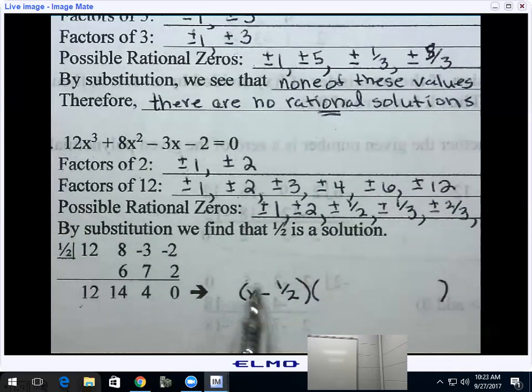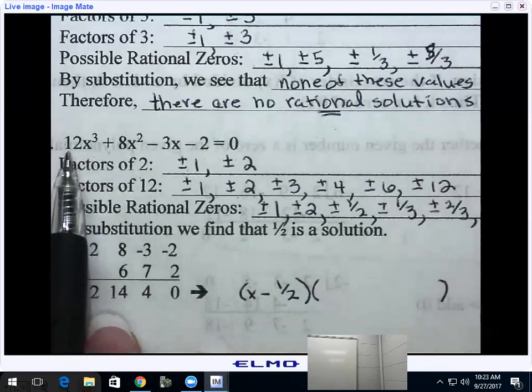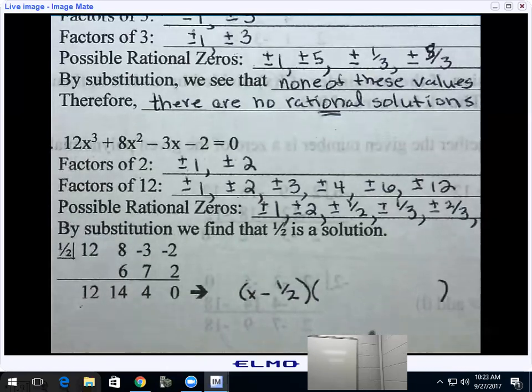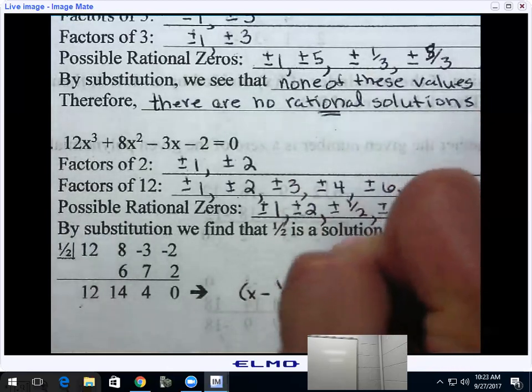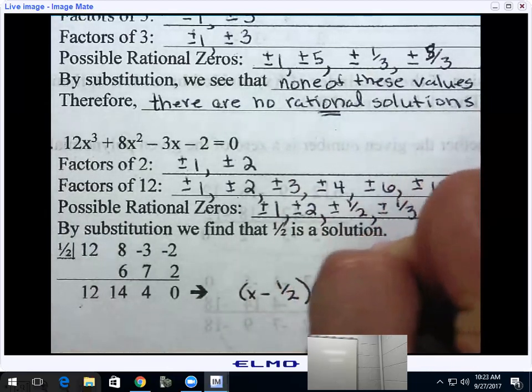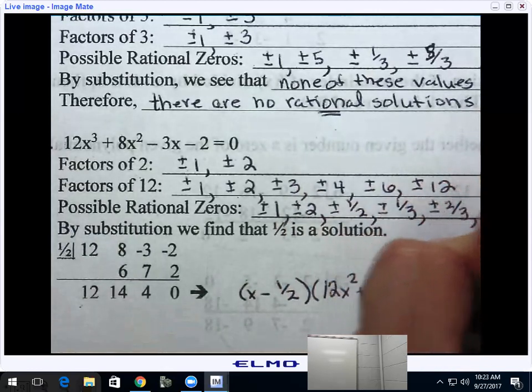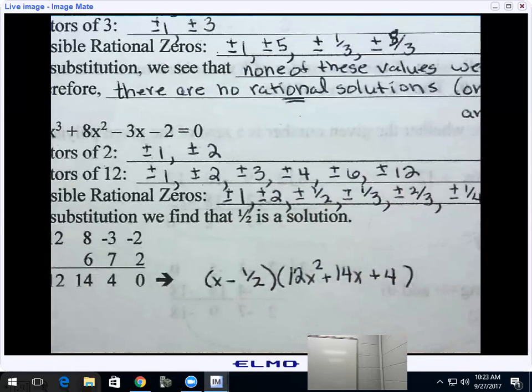I'm dividing an x to the first into an x cubed. What power is my quotient going to start out with? X squared. So 12 is the coefficient of x squared plus 14x plus 4. And this still equals 0.